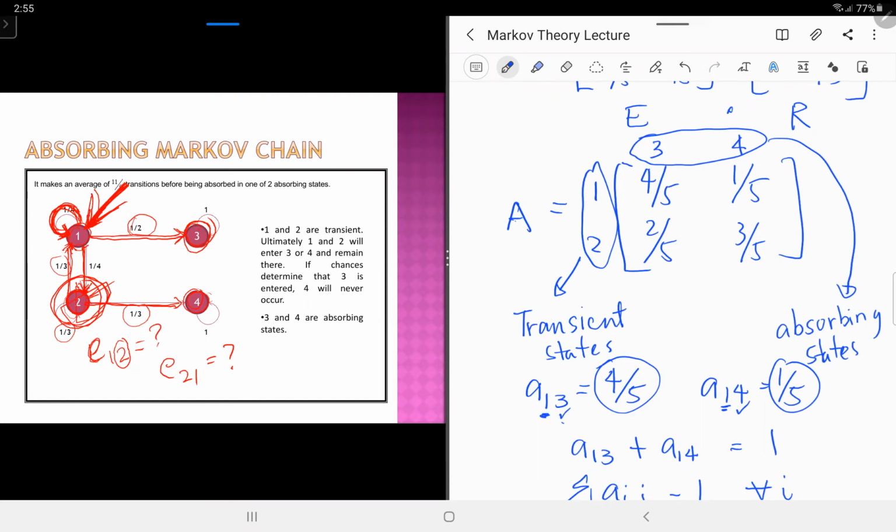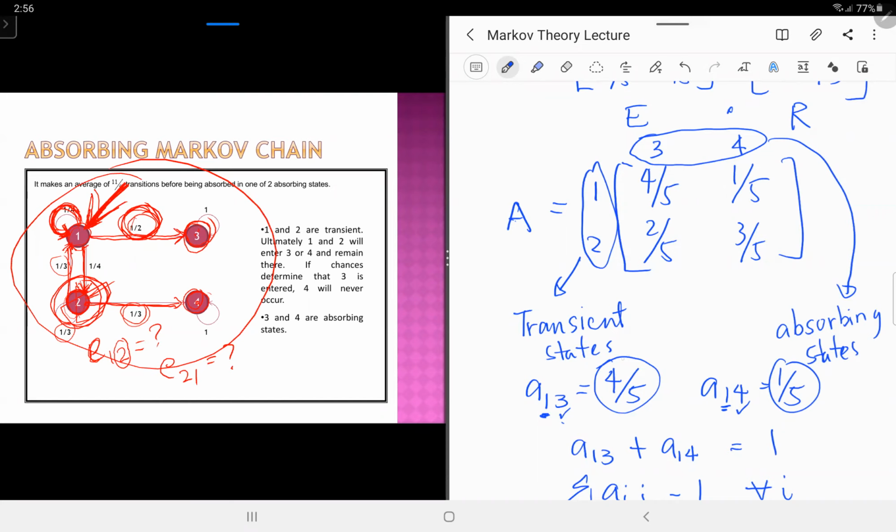So between the two absorbing states in this diagram, it is more likely, if you are coming from transient state 1, that you are absorbed in absorbing state 3, given the transition matrix. Because the transition probability here is 1/2, and the transition probability here is just 1/3. This is bigger, so better chances of being absorbed into 3 if you're coming from 1.